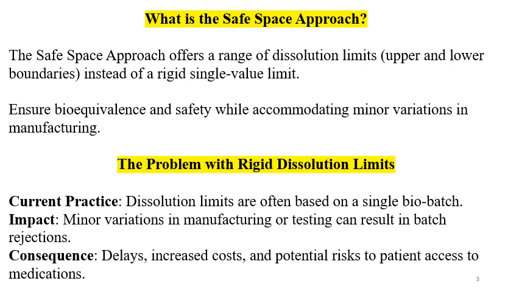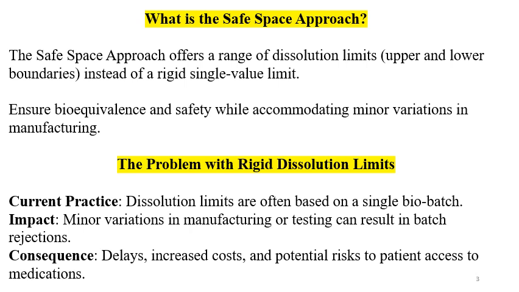Coming to the introduction of the safe space approach. The safe space approach offers a range of dissolution limits, like upper and lower boundaries, instead of a rigid single value limit. For example, if you are given a Q point for an IR formulation like 80% in 15 minutes or 30 minutes, you can give some ranges and have an understanding of the ranges for dissolution specifications.